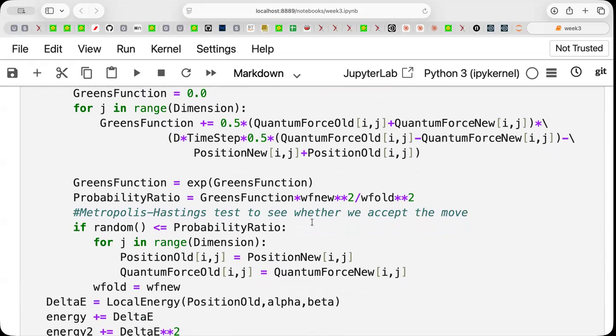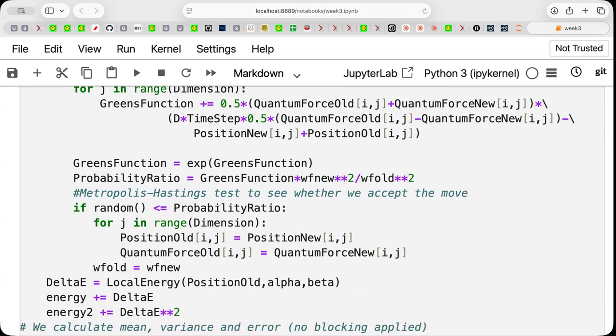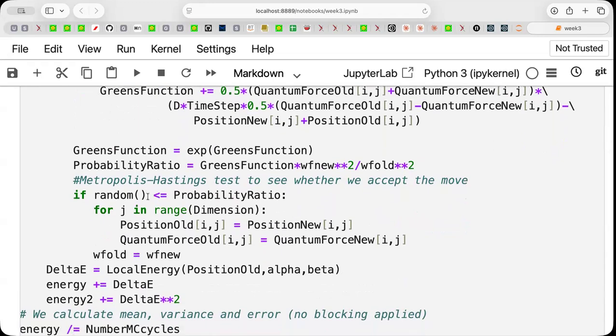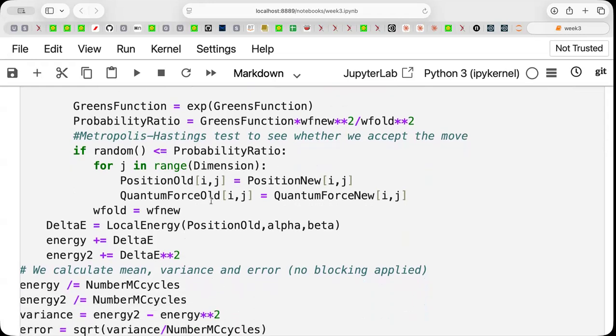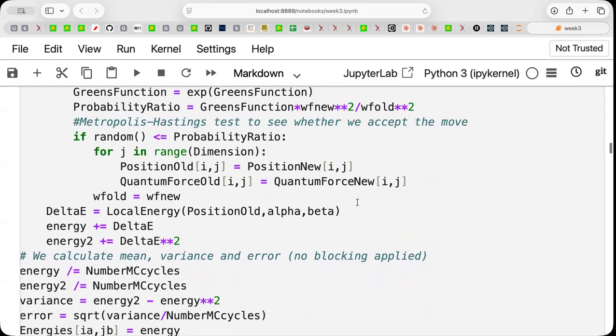This is what I will use in the Metropolis test. The Metropolis test simply says that if a random number between 0 and 1 is smaller or equal to the probability ratio, I update the position, so the old one becomes equal to the new one, and my old quantum force becomes equal to the new one.